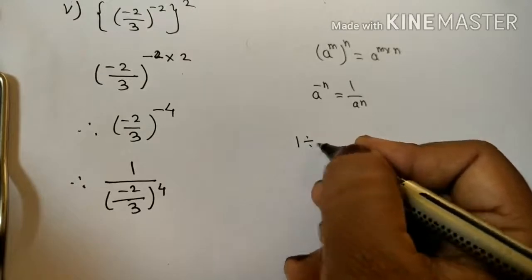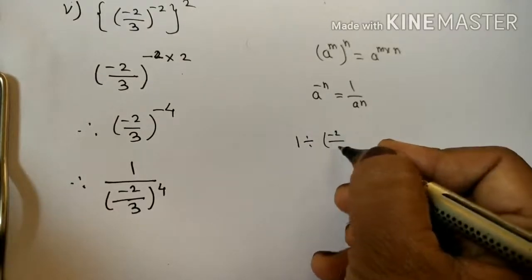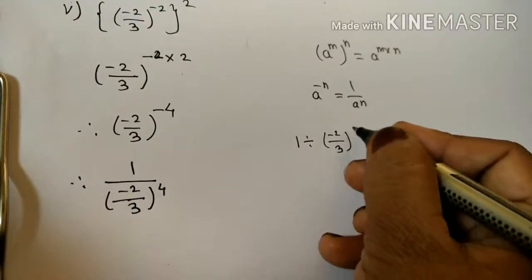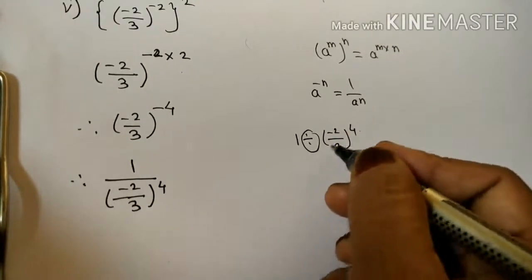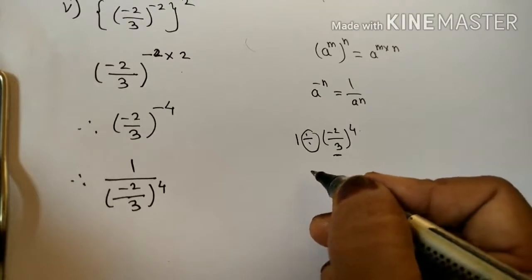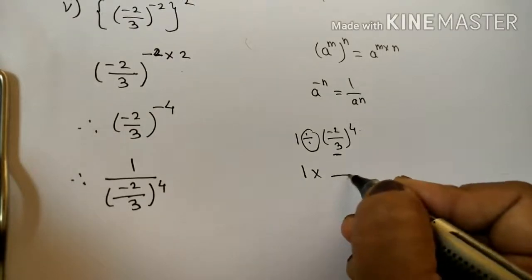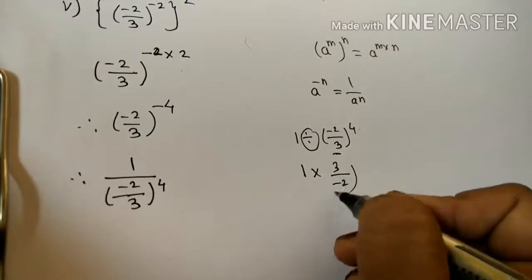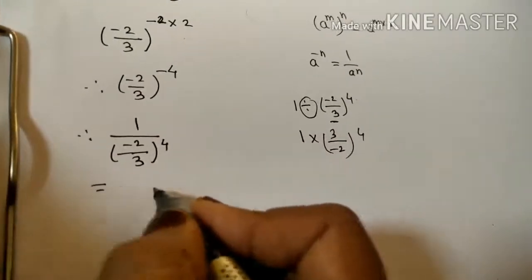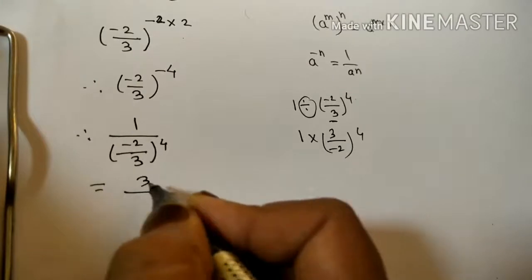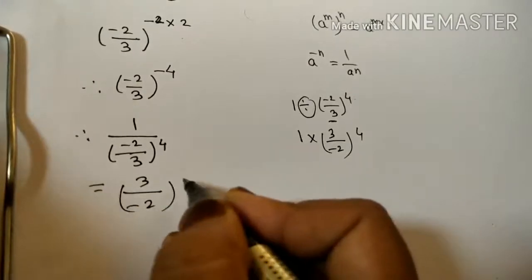Now this division, if we'll convert into multiplication, next numbers we have to write reciprocal. It becomes 1 into 3 by minus 2 raised to 4. So directly we'll write here is equal to 3 divided by minus 2 raised to 4.